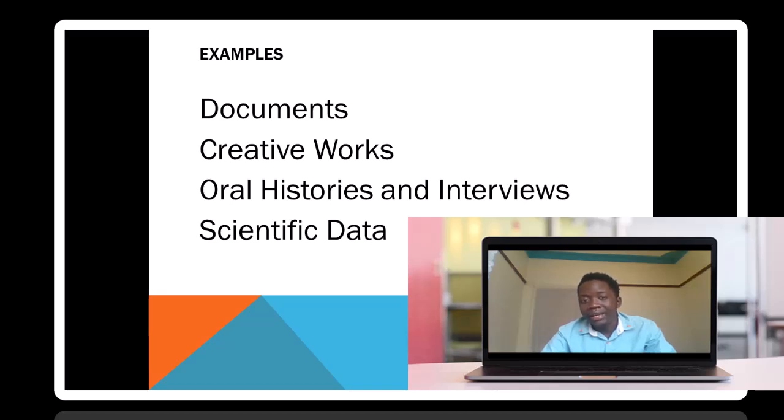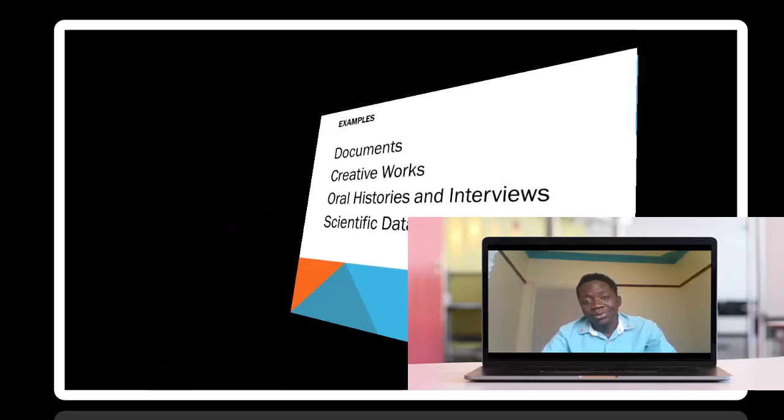The data I get from there becomes the primary source. The stone that I see there becomes the primary source. So when I carry out other experiments on that stone, I'm getting information from the primary source, which was the stone. Briefly, those are the examples of the primary sources of information.